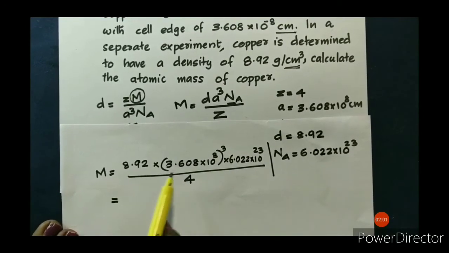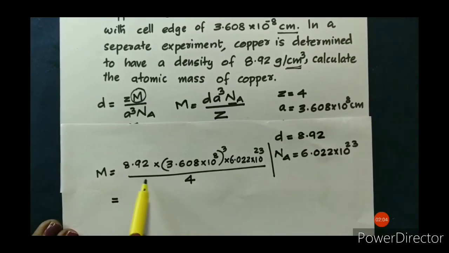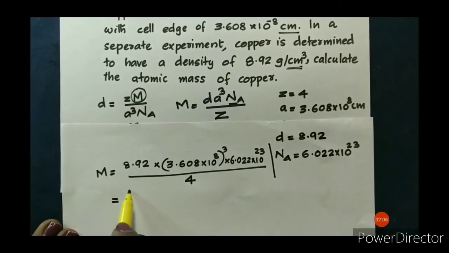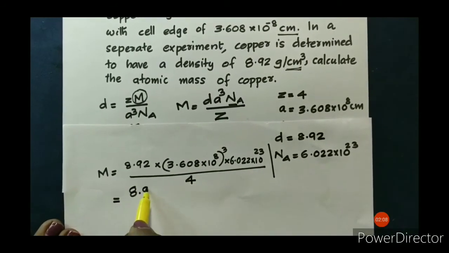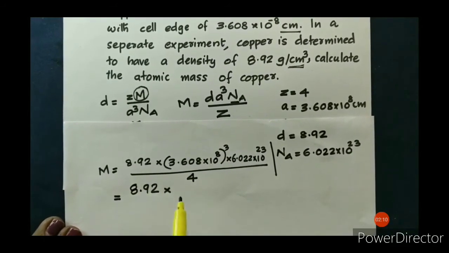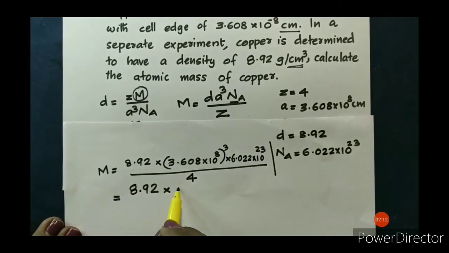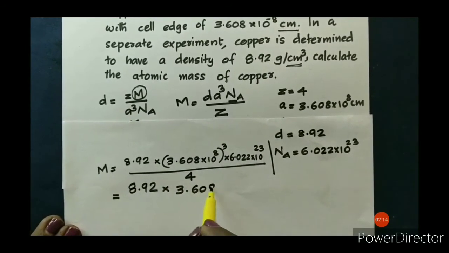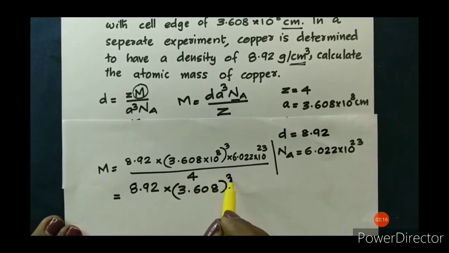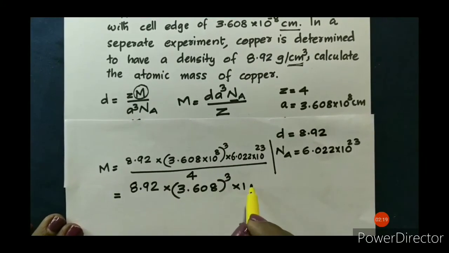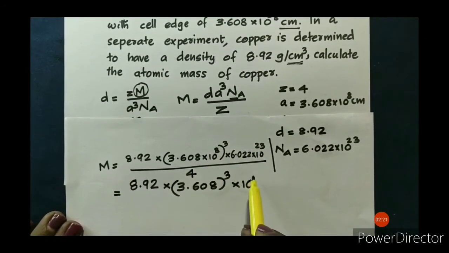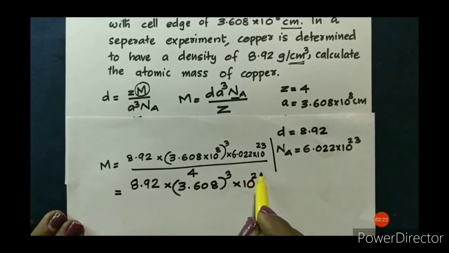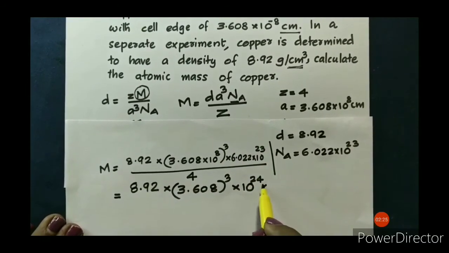So 8.92 into 3.608 the whole cube into 10 raised to minus 8 the whole cube, which is equal to 10 raised to minus 24 into 6.022 into 10 raised to 23.